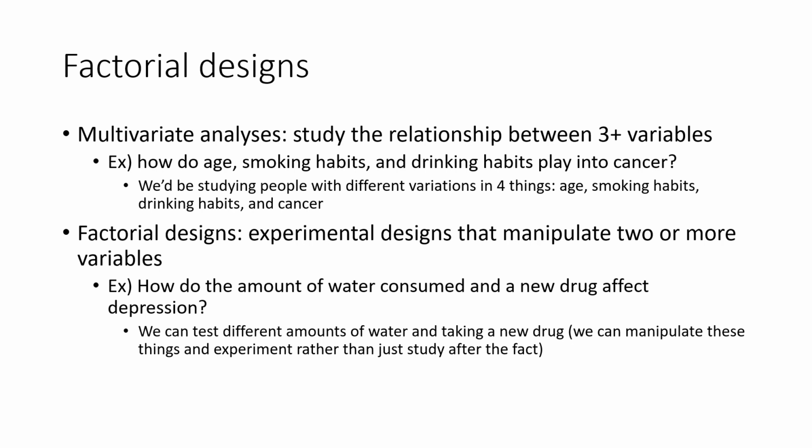This could be really interesting to look at, because you can't play with water consumption a ton, you still have to stay in a safe range for the participants. But it's a lot more legal, and you still have a good bit of leeway in there. And you can manipulate those things. You can definitely manipulate the new drug. And that's it.